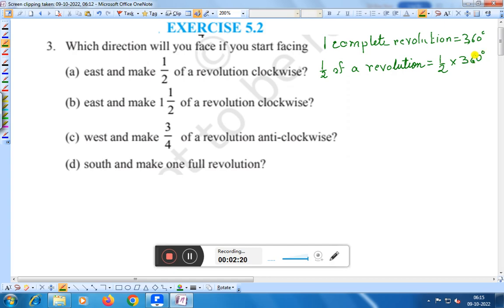We cut it, and we are getting 2 0 is 0, 2 is 16, 0, that is 180 degree, right?